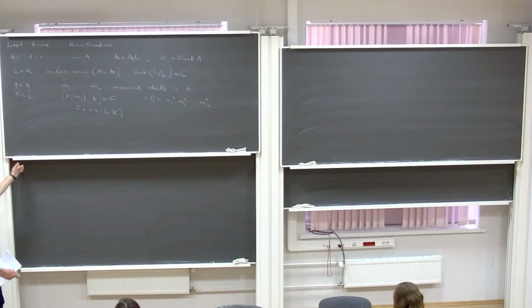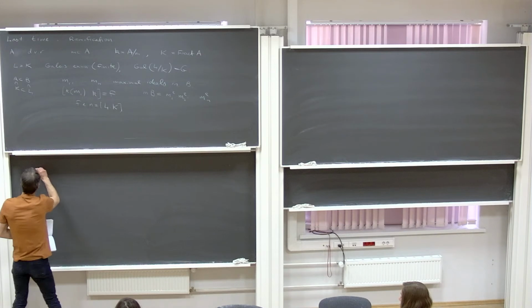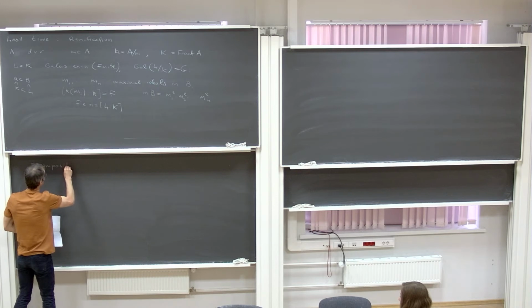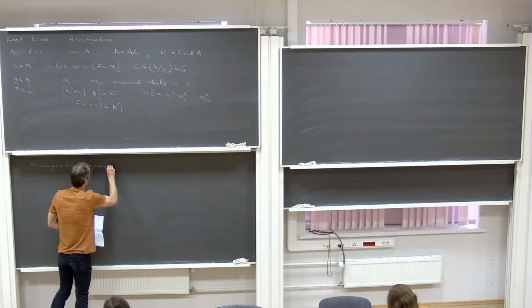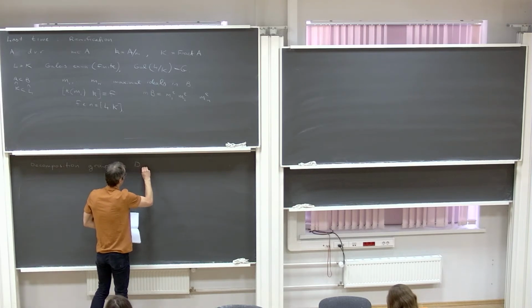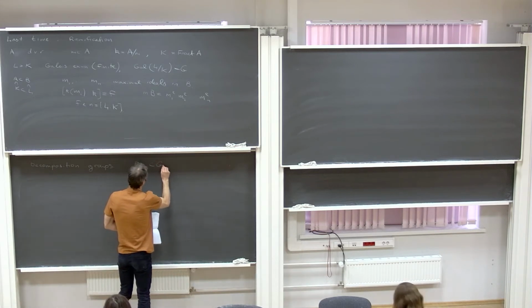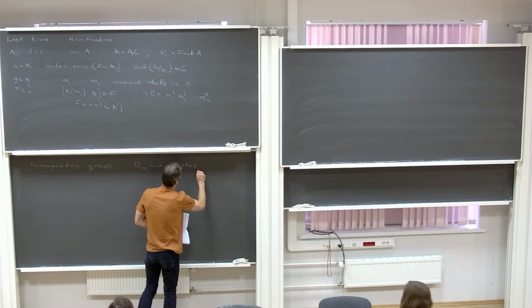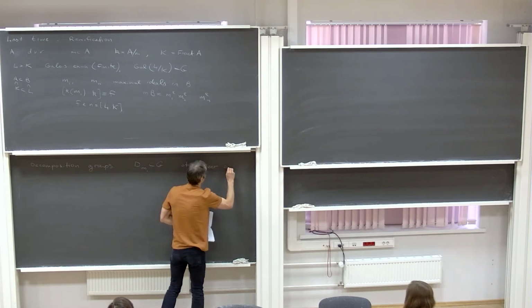And then we studied the Galois group. First of all, we have the decomposition groups. This is the stabilizer in G of Mi.